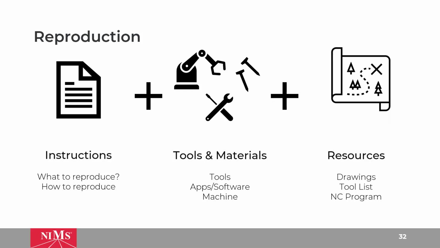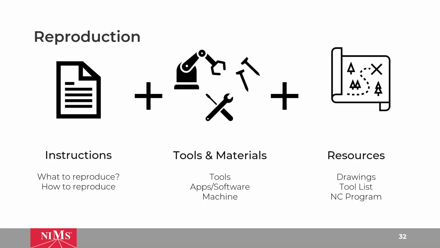The trainer here is the one performing the project to produce the things that are not commonly available. So instructions on how to reproduce it, tools and materials they need, and resources. This is optional. It depends on the project you have. So reproduction may not always be in the picture.